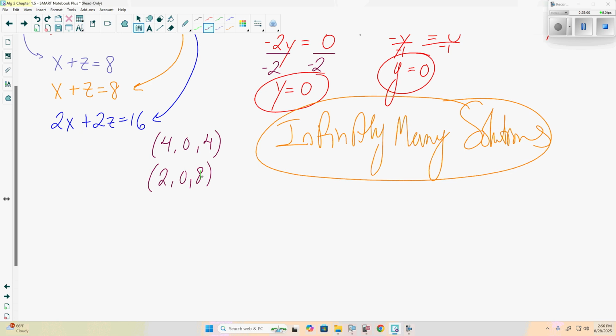Because 8, no, it wouldn't be 8, 4. 6. Because the top two, 2 plus 6 is 8. 2 plus 6 is 8, yes? The bottom, 2 times 2 is? 6 times 2 is? 4 plus 12? Almost. One more. 16, yeah. That gives us another solution, yes?